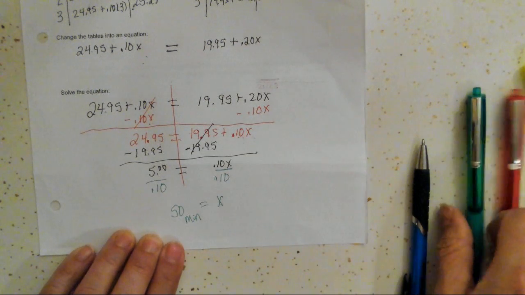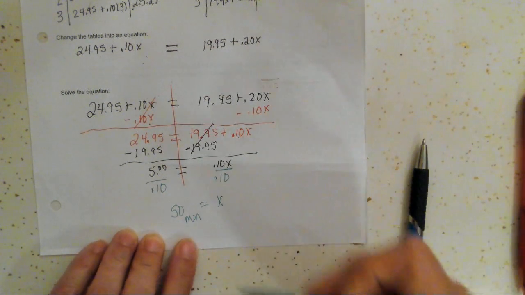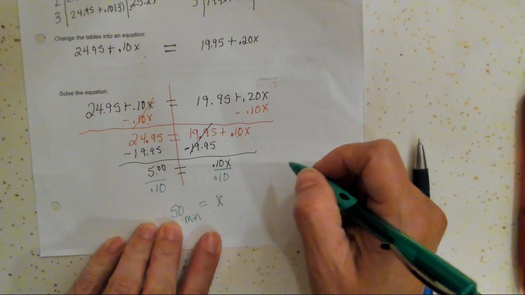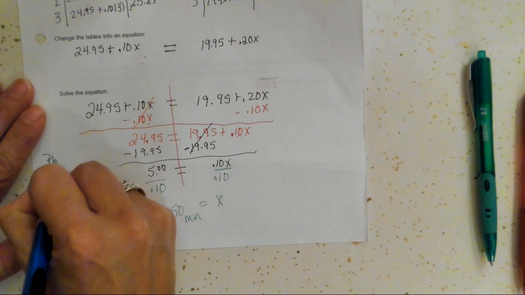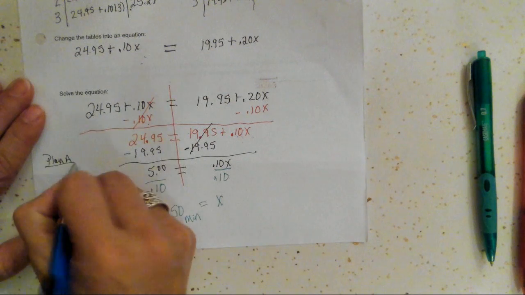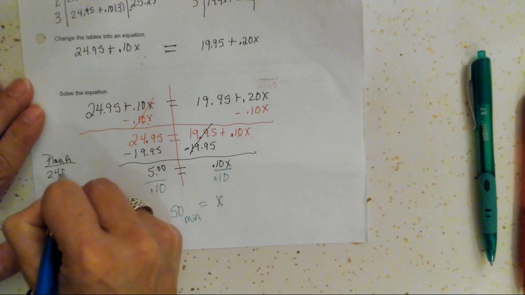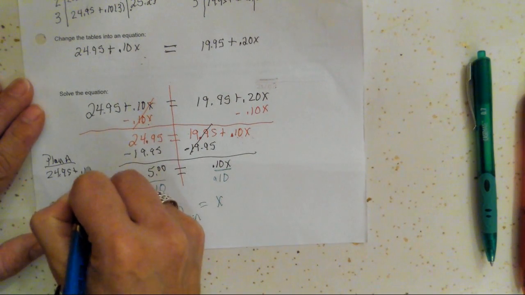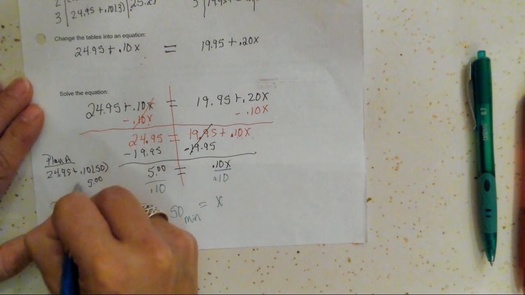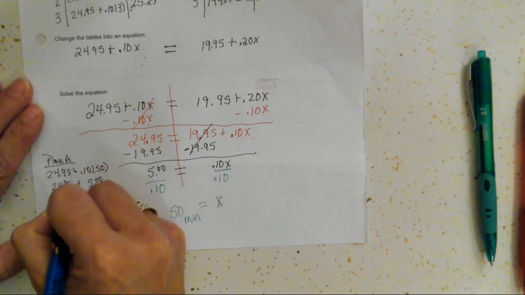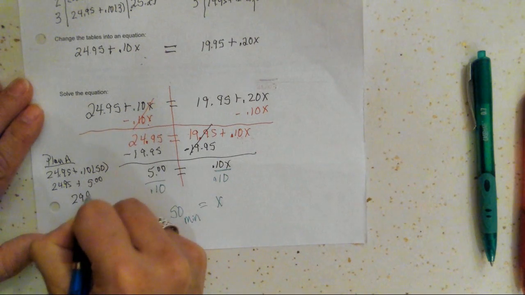And to check that, I could plug that back into my equation here and show you that plan A would be $24.95 plus 0.10 times 50. So this would be $5 plus $24.95. That's $29.95.